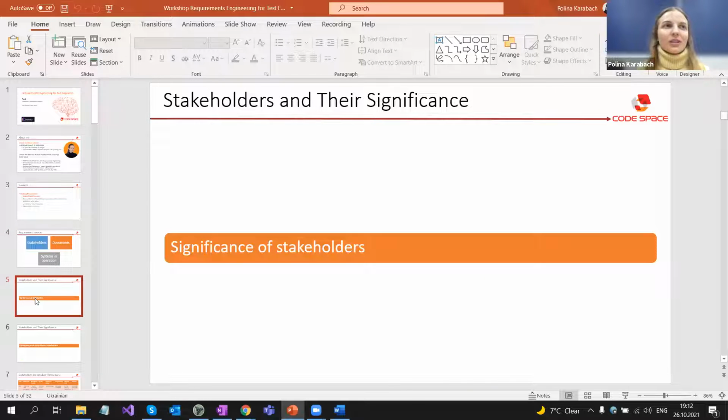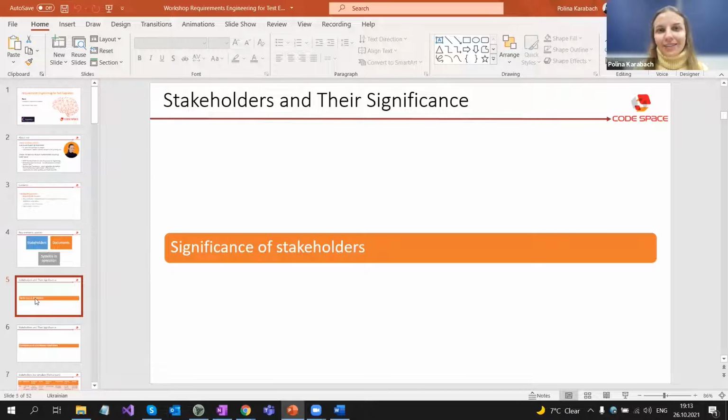So stakeholders as a part of requirement sources would be one of the major ones, because as Dennis mentioned, the product owner usually in Scrum would be the owner of the product backlog, right? With all of the ideas for the future functionalities we want to add into the system.